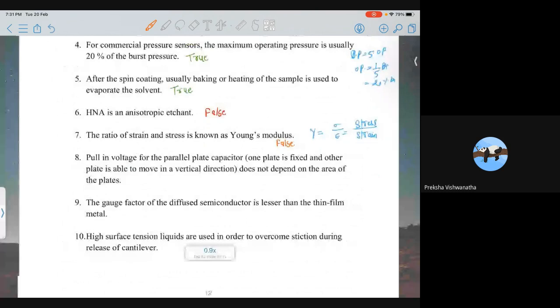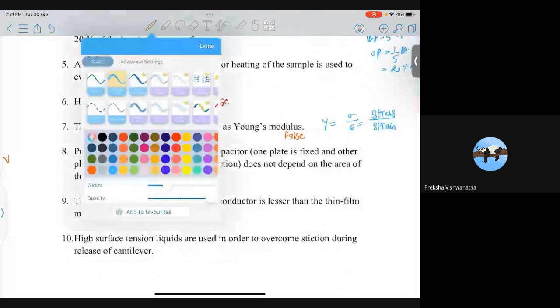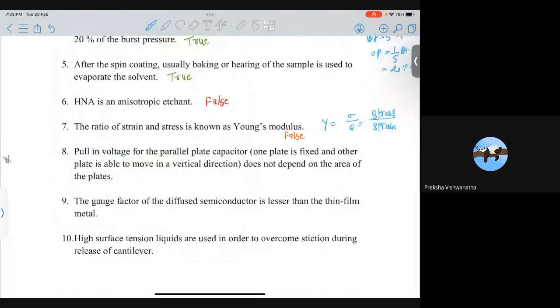So pull-in voltage is Vp, which is under root of 8 k d cube by 27 times a times epsilon naught, right?